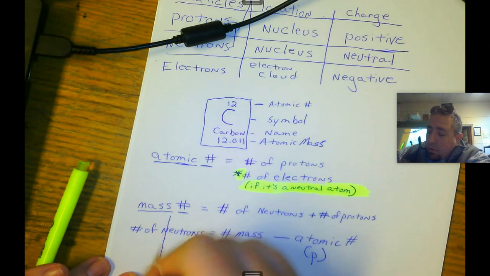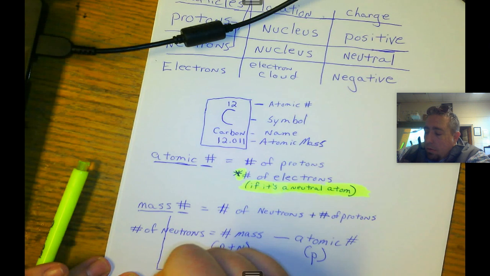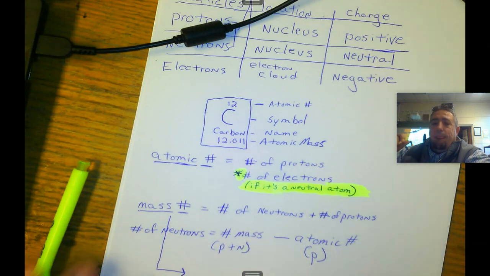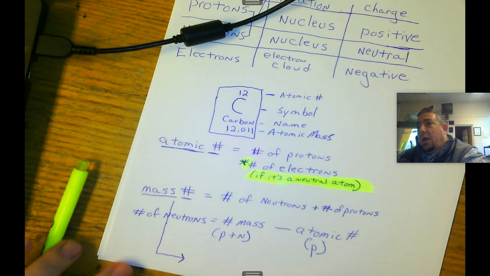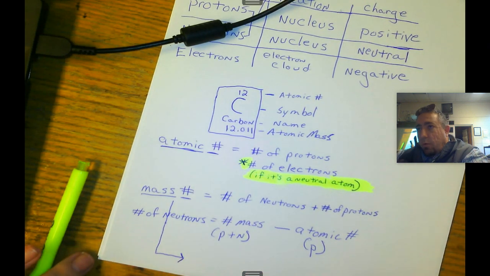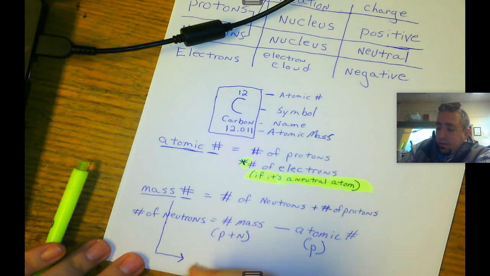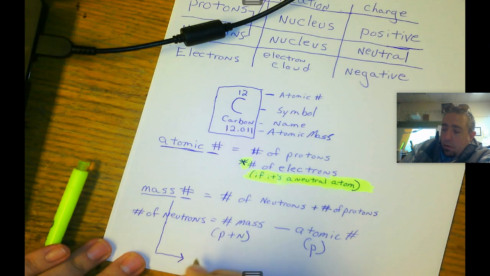So how do we find the mass number? Is it on the periodic table? Not necessarily. Not right away. It is, but not right away. What you have to do is you take the atomic mass to find this.